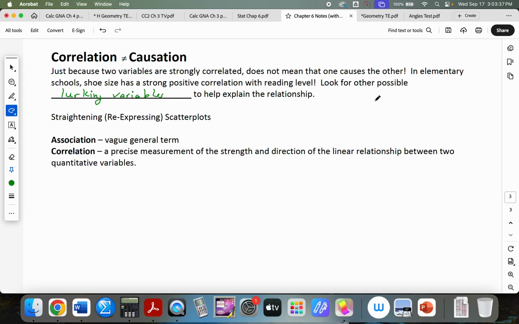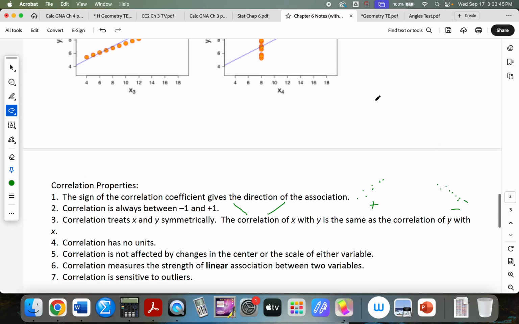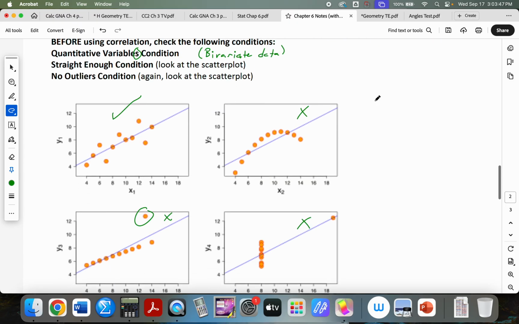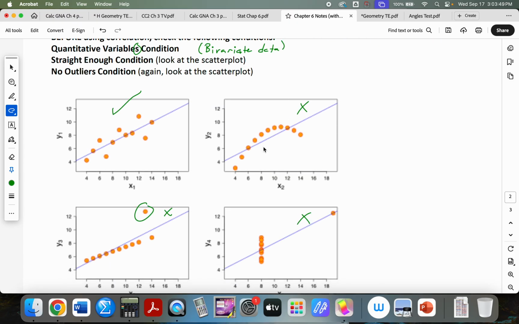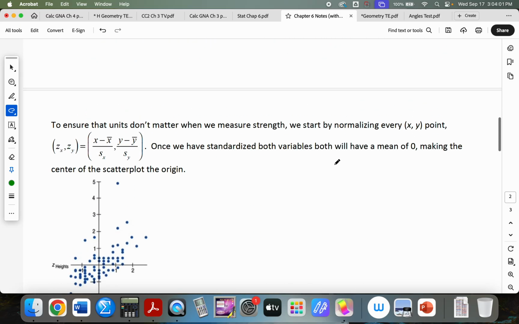Okay, so occasionally we will straighten scatter plots, and I'm going to go back up to this one. There's no hope for straightening that out. Once you get it curving that much where it's almost looking like a parabola, not real helpful.